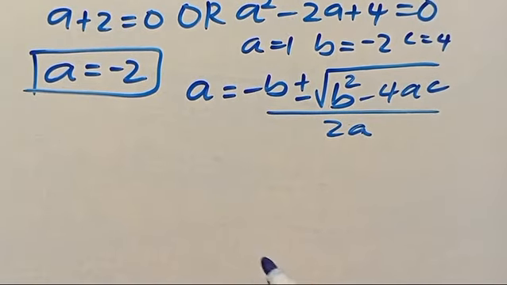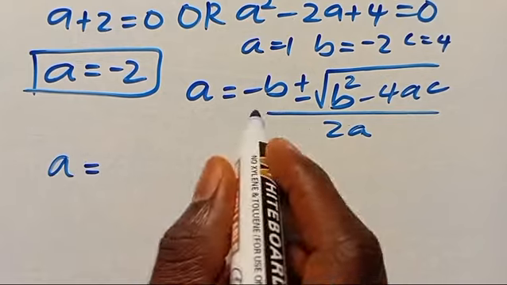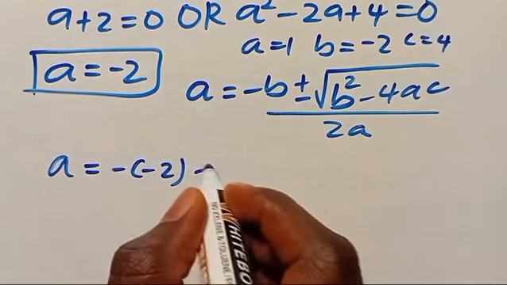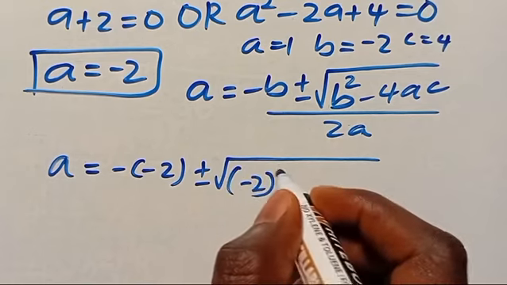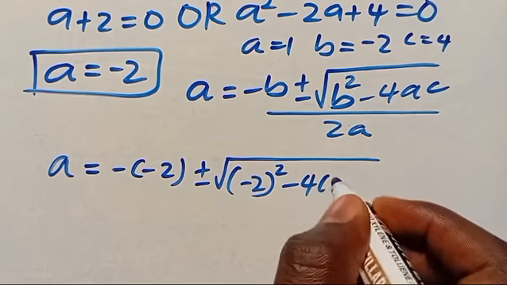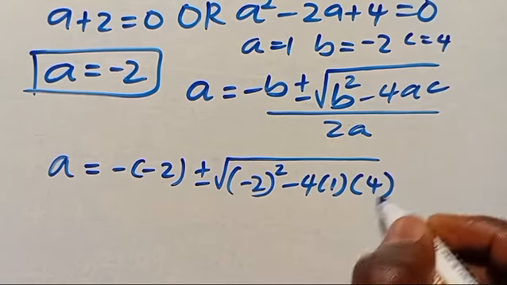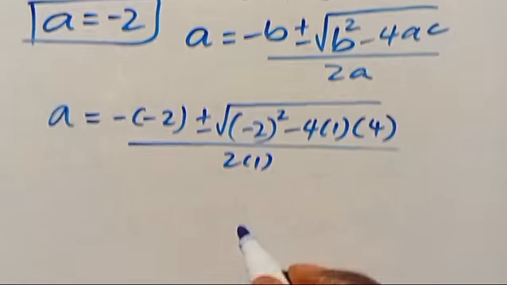So when we substitute everything here, we are going to have a equals minus of minus 2, positive or negative, root of minus 2 in parentheses to the power of 2, minus 4 multiplied by a which is 1, multiplied by c which is 4, all divided by 2 times 1.